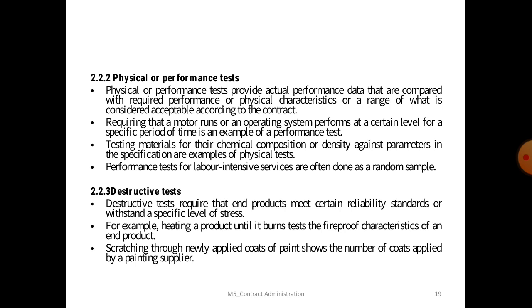Requiring the motor to run, or an operating system to perform at a certain level for a specific period of time, is an example of a performance test, and testing material for its chemical composition or density against parameters in the specification is an example of a physical test. A performance test for a labor-intensive service is often done on a random sample.